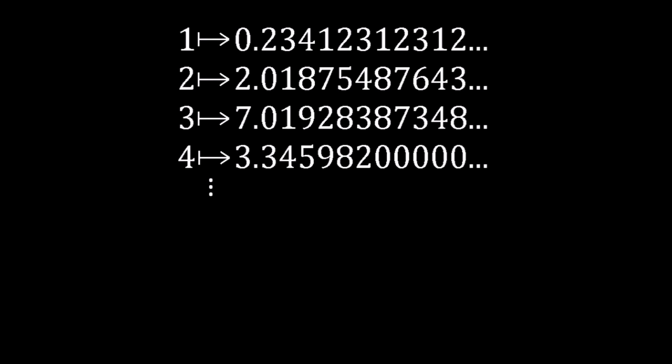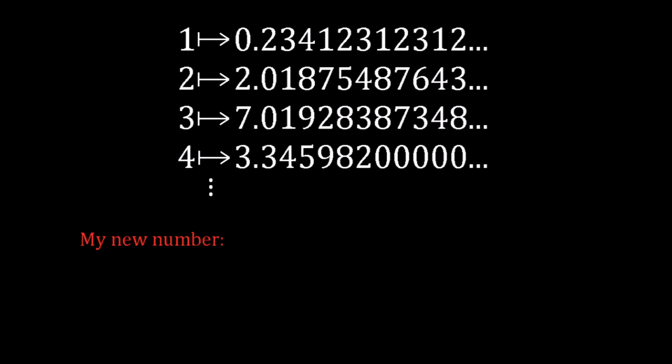Let's assume we did find such a list. No matter what it is, I can always find a new number that won't be on this list. Here's how I can make one. I just make sure that this new number is always different than all the other ones on the list.